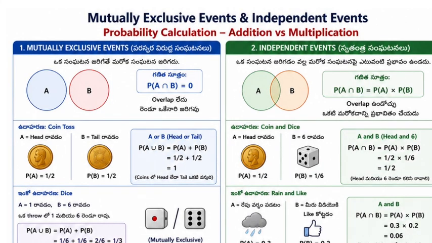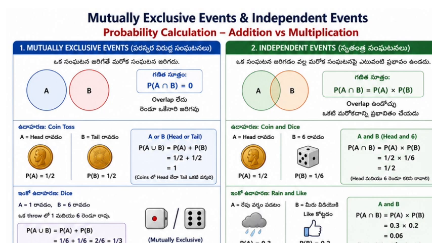Independent events are those where the occurrence of one event doesn't prevent the occurrence of the other event. Such events are called independent events. There may be overlap between these two, for example, there is a chance for A and B coming together.